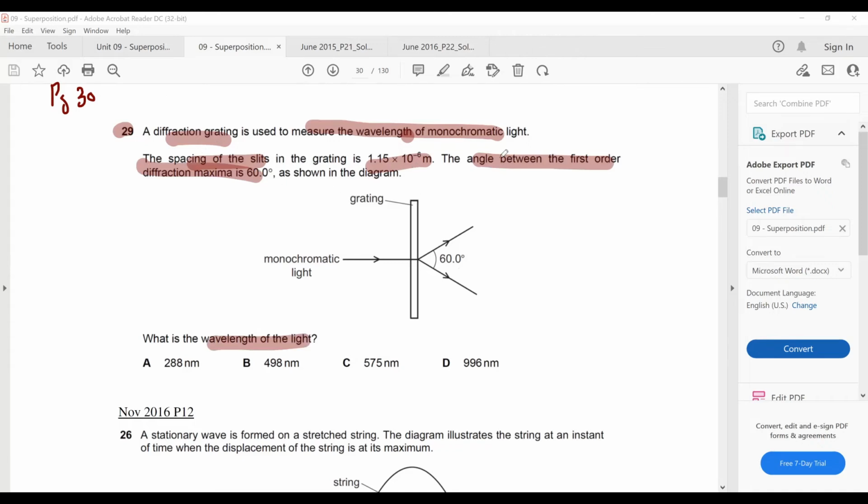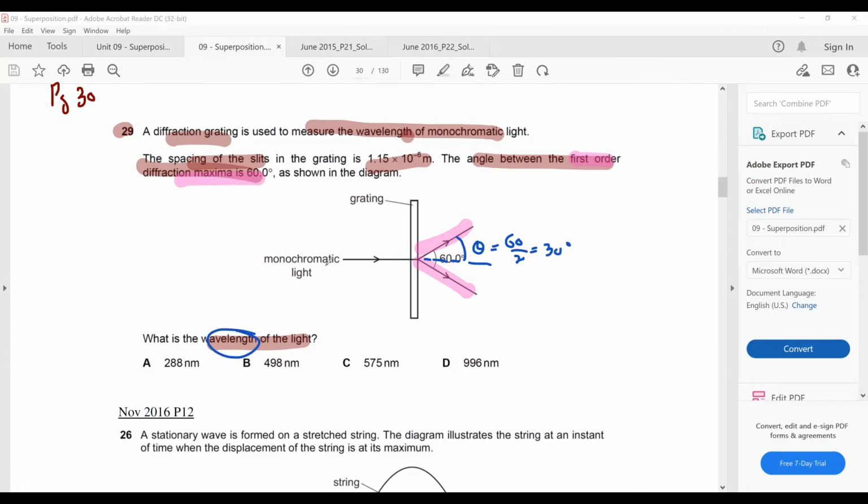This is actually like that same question just now that we've done. They say the angle between first order is 60. But when you're talking about theta, it is not 60. The theta will be 60 divided by 2, giving you 30 degrees.